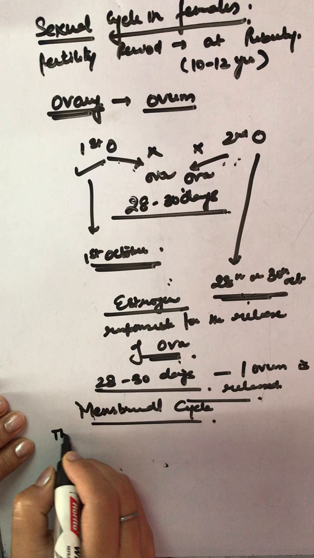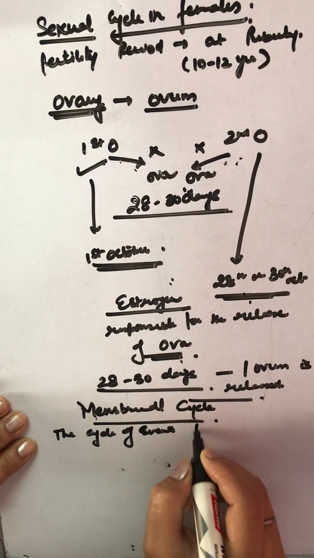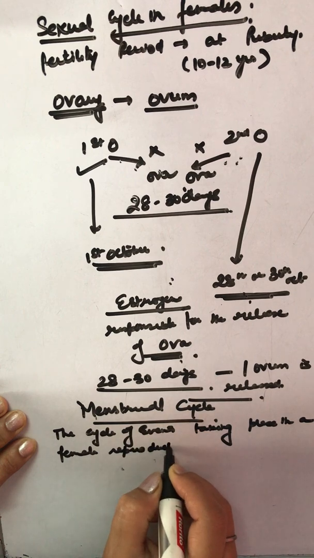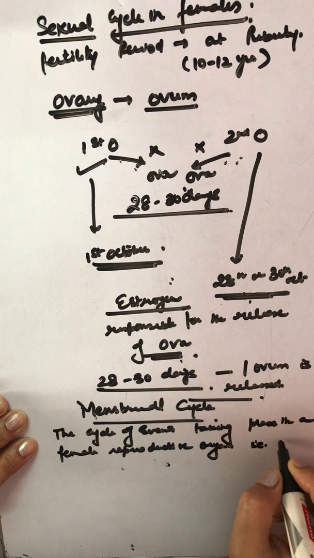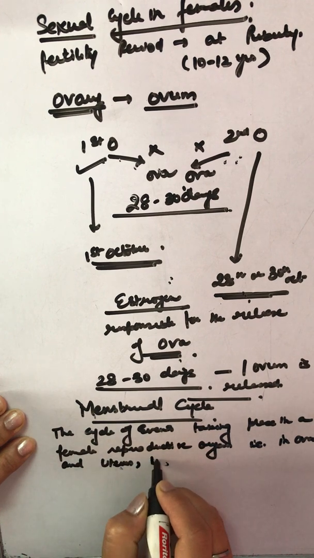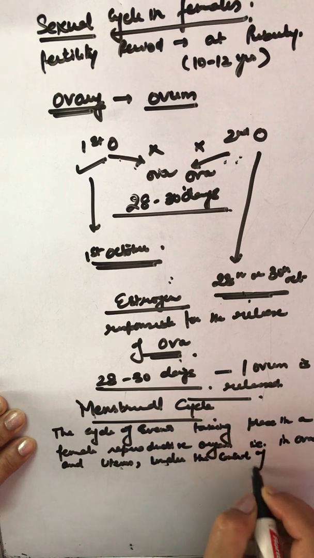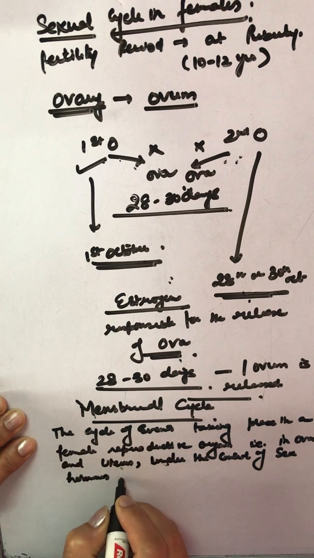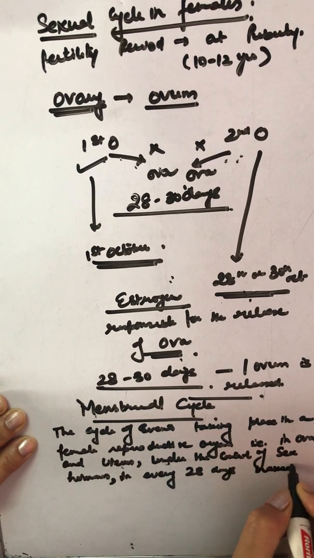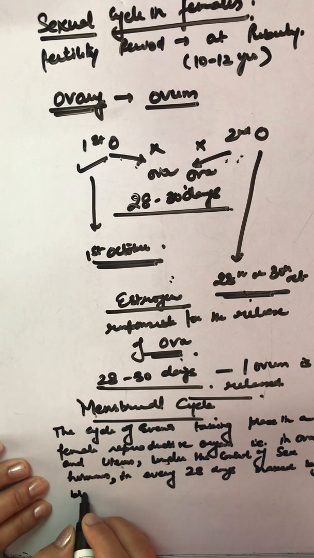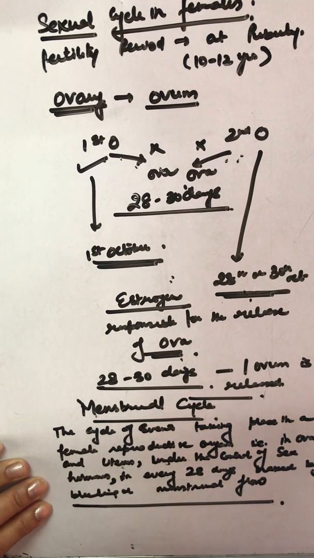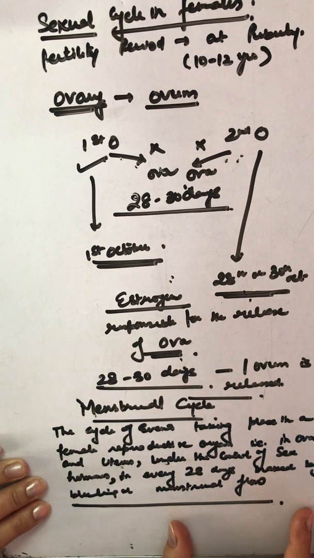Means the cycle of events taking place in a female reproductive organ like in ovaries and uterus under the control of sex hormones, and in every 28 days marked by bleeding or menstrual flow is known as menstrual cycle or the sexual cycle in females.